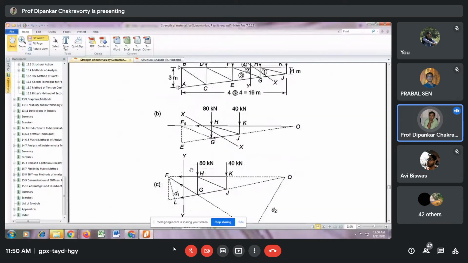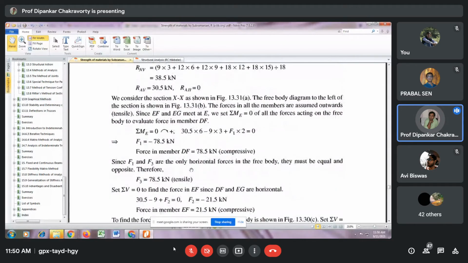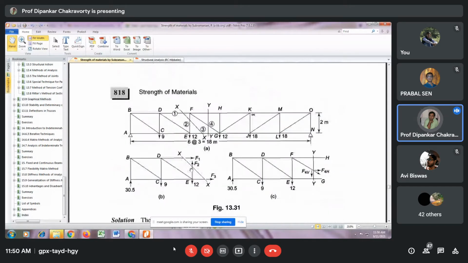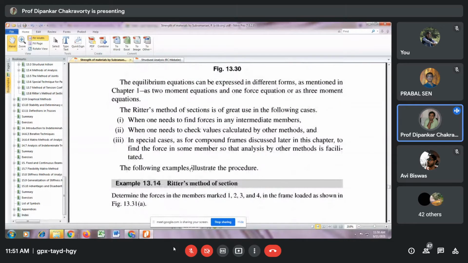And in reality, we go for a combined approach. I mean, we solve the vertical support reactions by the method of joints, and then we apply the method of sections. In method of joints, you have to come from one end. But if I ask you to get the force in any intermediate member, then in method of sections, you need not go by sequential solving of all the members from one support.